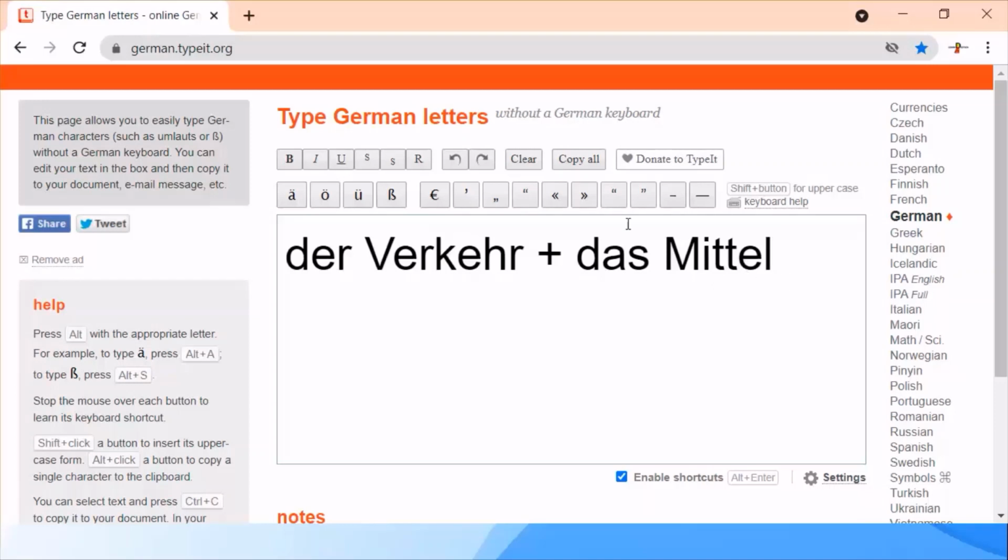So the means of transport becomes das Verkehrsmittel.